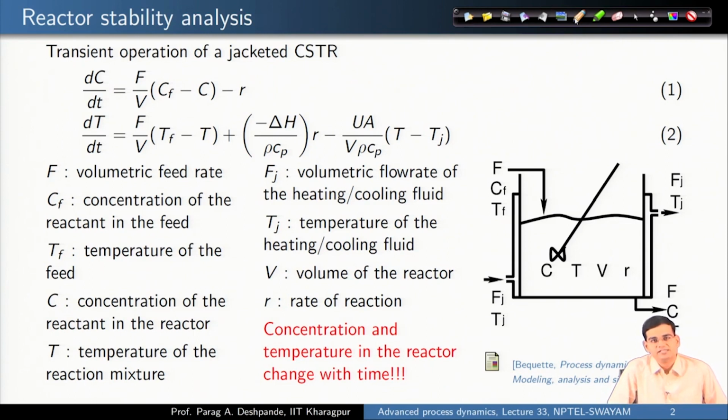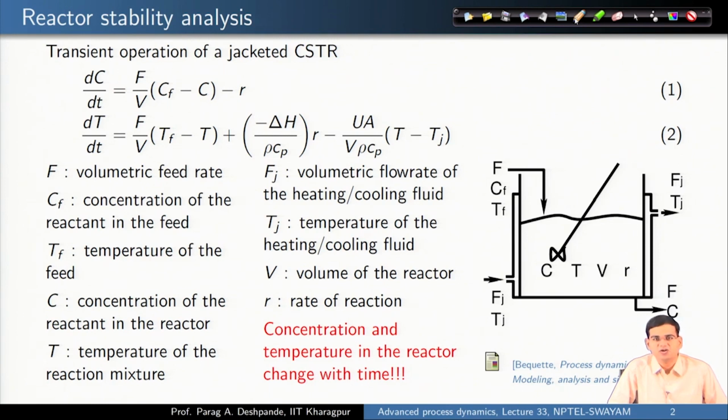And we saw that this is a dynamical system, because the concentration of a species inside the reactor changes with time when you are doing a transient operation, and so does the temperature of the reactor. We would see today that there are various forcing functions which act upon the system. The flow rate of the reactants, for example, is a forcing function. The temperature of the jacket can act as a forcing function, and so on.